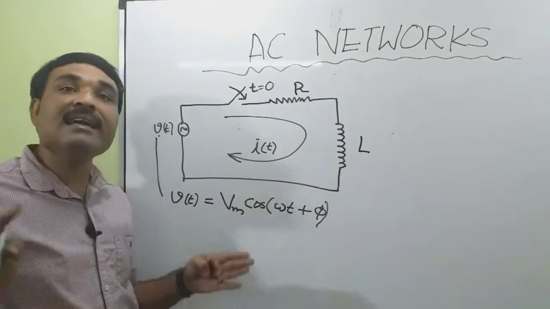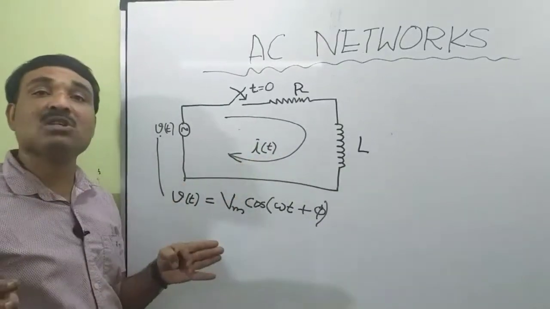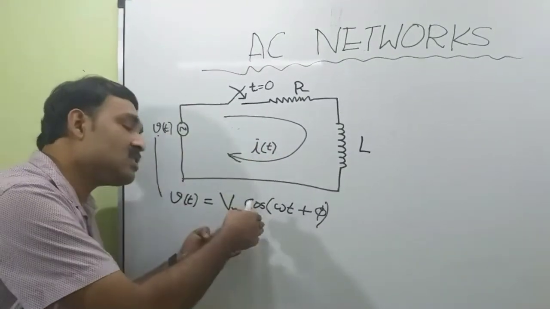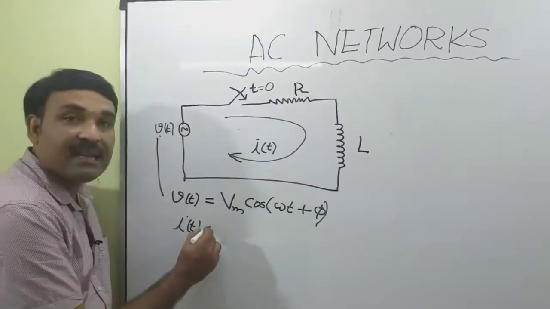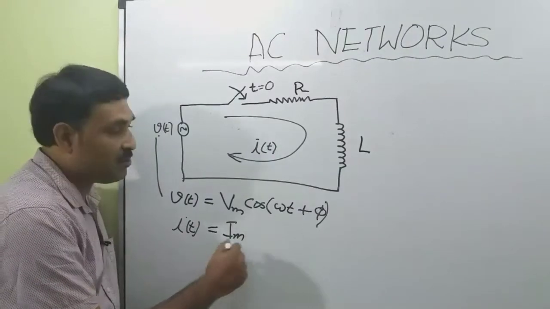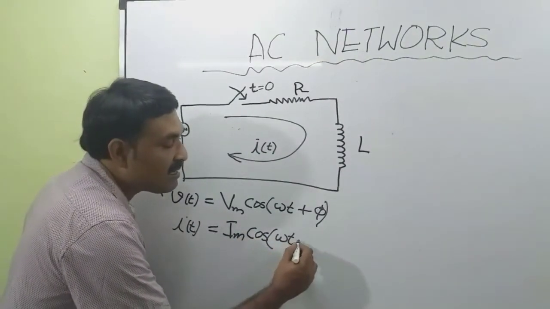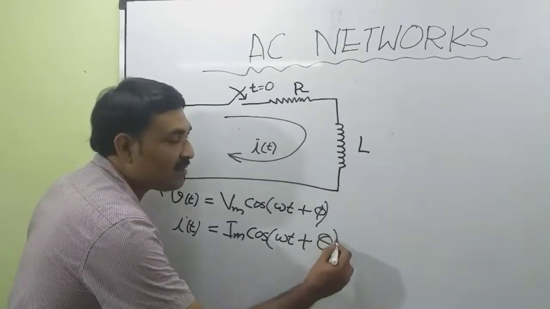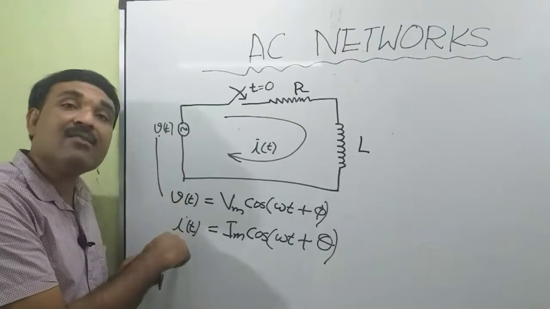Since this is a linear network, the current i of t, which is the response, will also be in this form. So we can represent i of t, the current, as Im, the maximum amplitude, into cos(omega t plus theta), where omega is the same for voltage and for current.